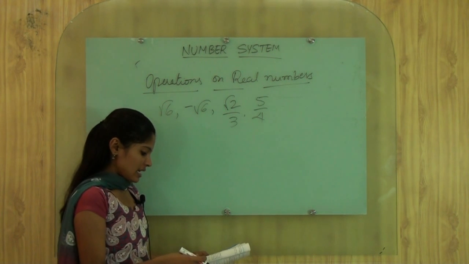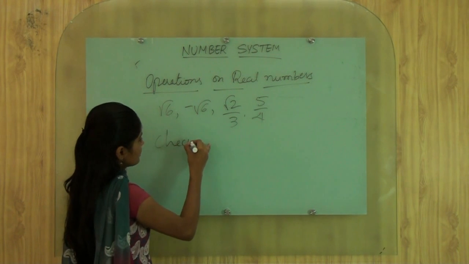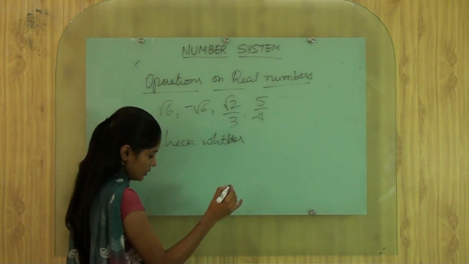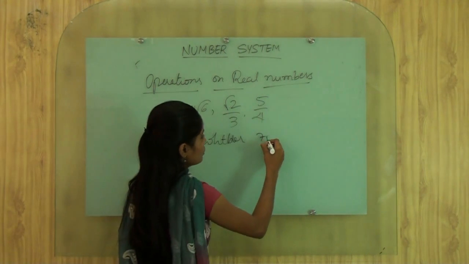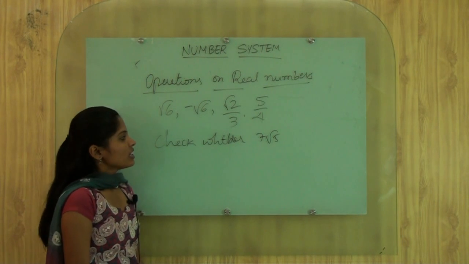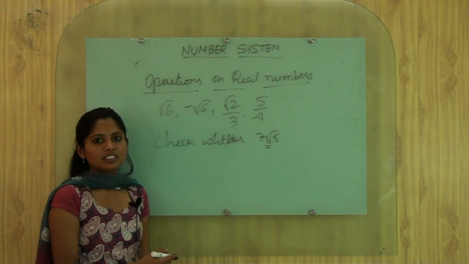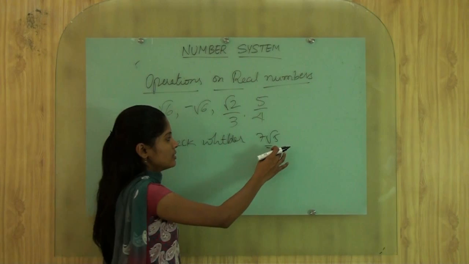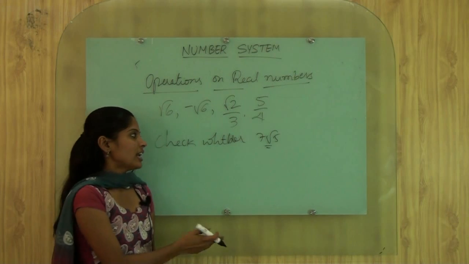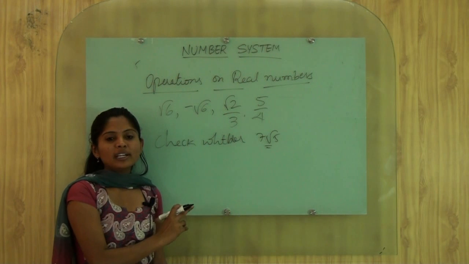We have an exercise problem. Check whether 7 root 5 is an irrational number. As we have a root here, if we simplify this, we find the value of square root of 5 and multiply it with 7, then we will get some value with decimal places.